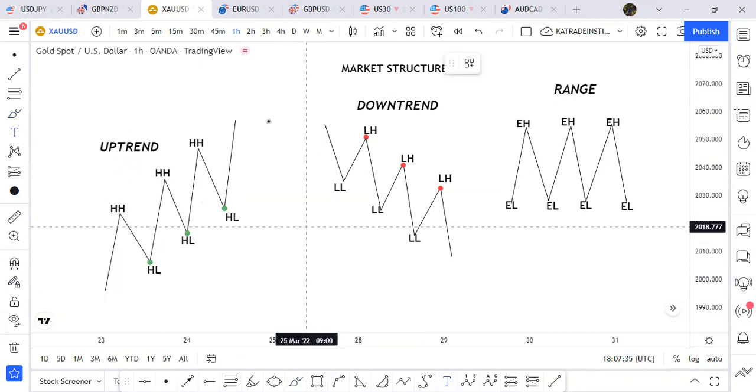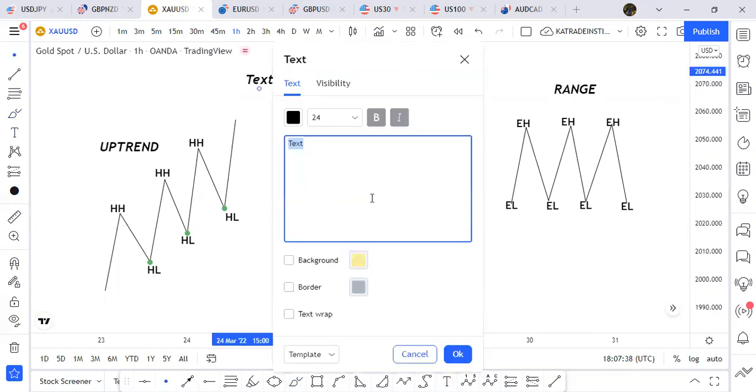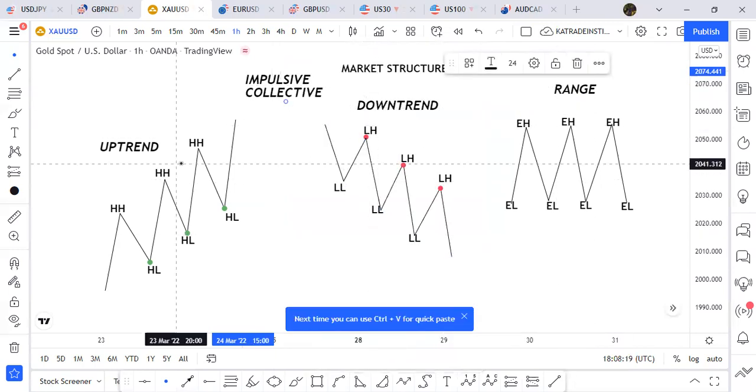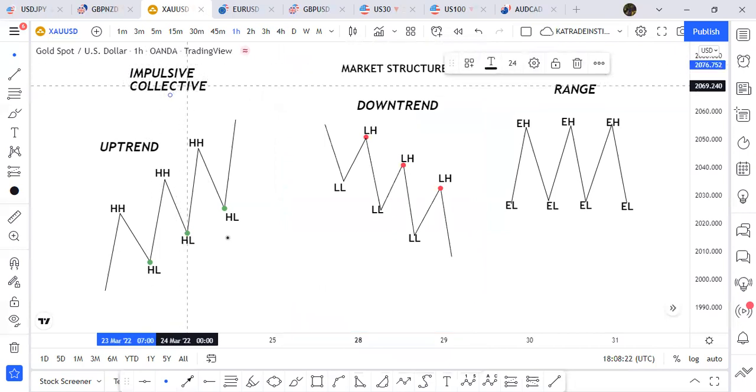Let me note it down. We have two types of market movement: the impulsive move, and then the collective.